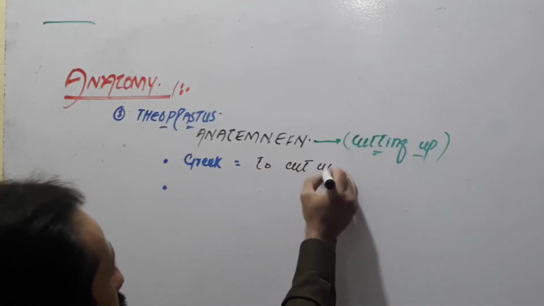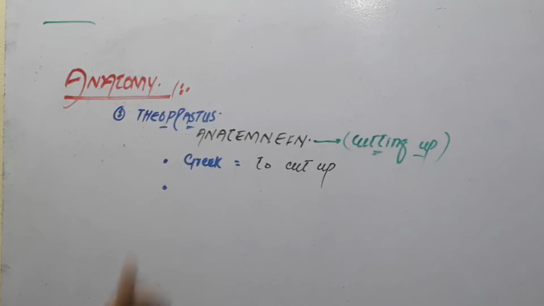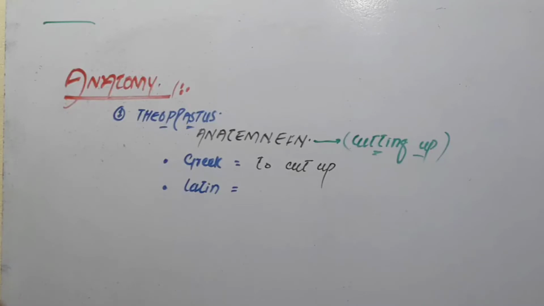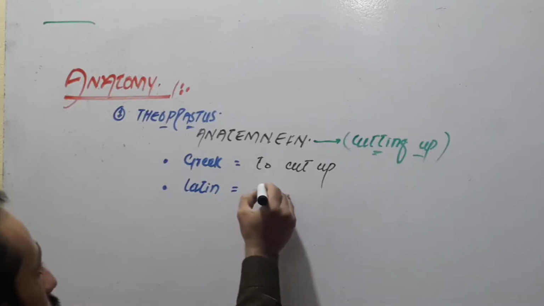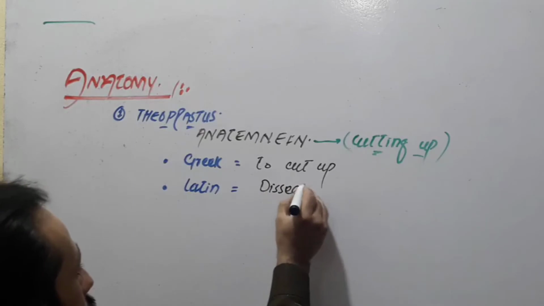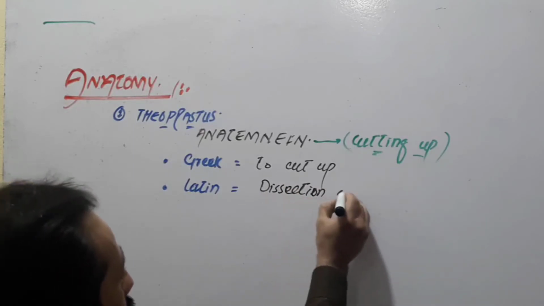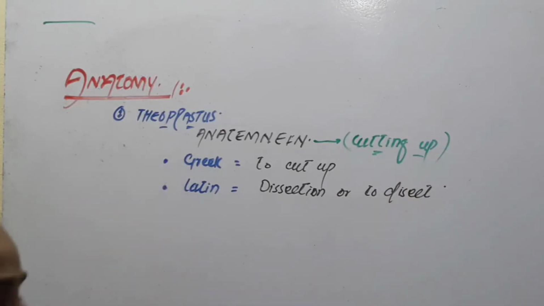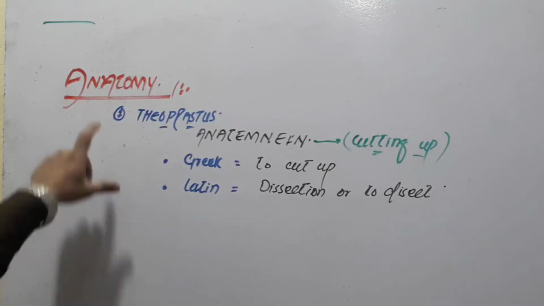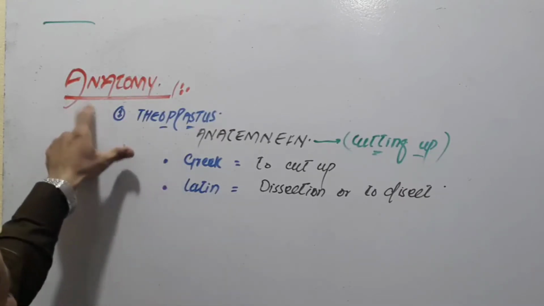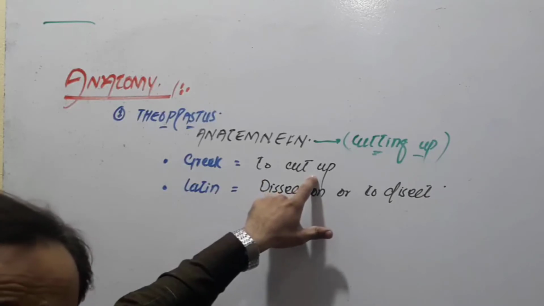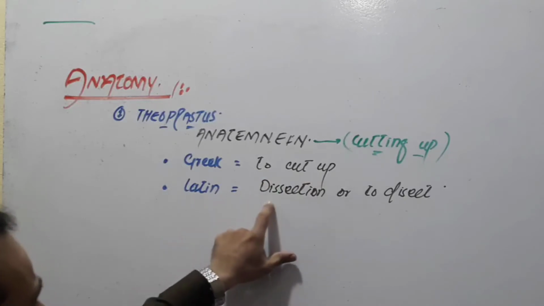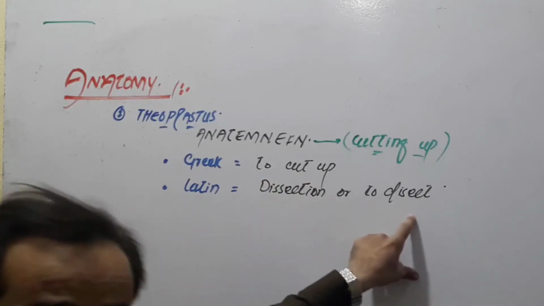And in the Latin language, this word means to dissect, or dissection. Right, friends? So look carefully. In Greek, anatomy means to cut up, and in Latin, it means dissection or to dissect.